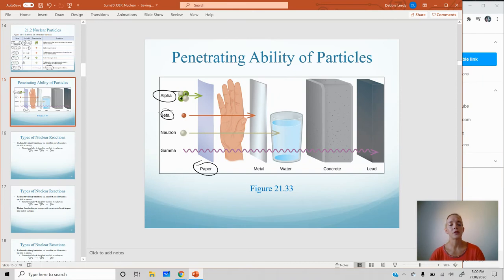Beta particles are simply electrons, considerably smaller. You've heard of beta particles. You might not have known it. Maybe you're familiar with it if you work in a medical field, but beta particles are simply X-rays. When you get an X-ray, it is a stream of electrons coming through to generate the image.